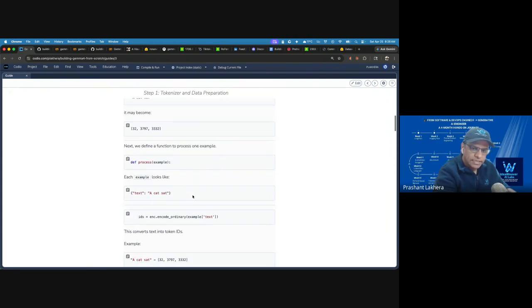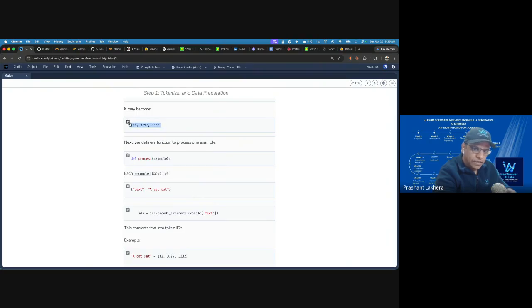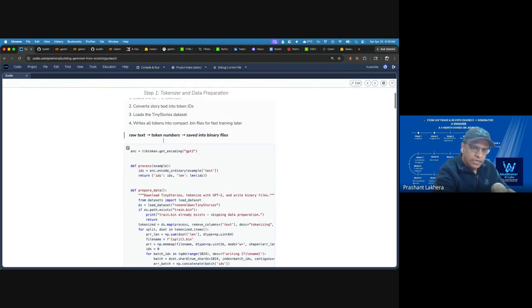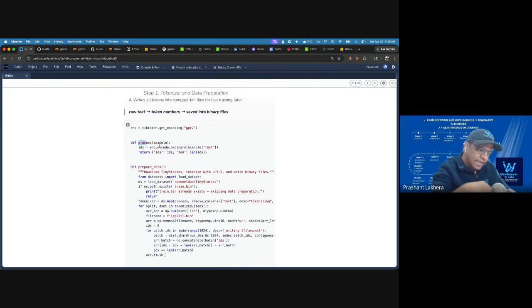In this case the length is 3. Just wait a few more minutes and I'm going to tell you why exactly I'm calculating the length. Let's forget about the length part right now. Just think of this as one of my functions, and the main idea is to take the text and break it into tokens or token IDs.